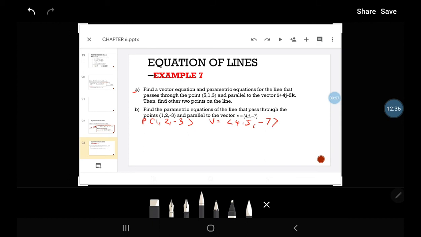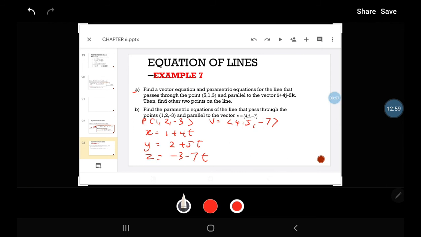And find the parametric equation. Okay, no biggie, it's really simple. So x is 1 plus 4t, and y is 2 plus 5t, z is negative 3 minus 7t. That's all. Okay, please take note of these values because we're going to use them in our next slides.